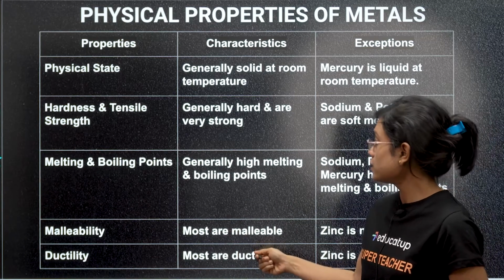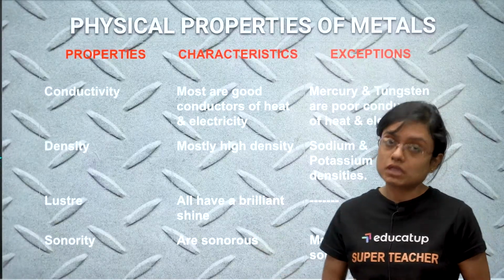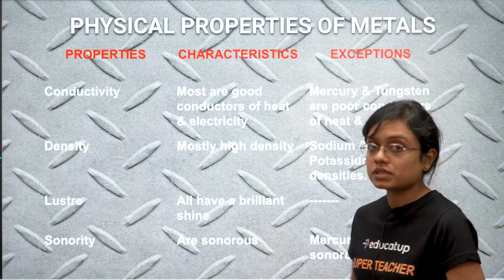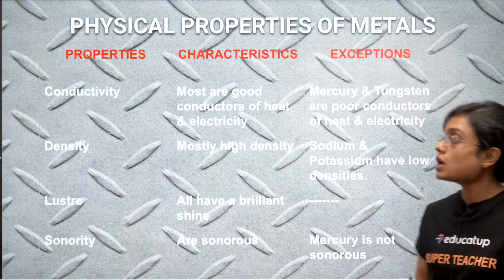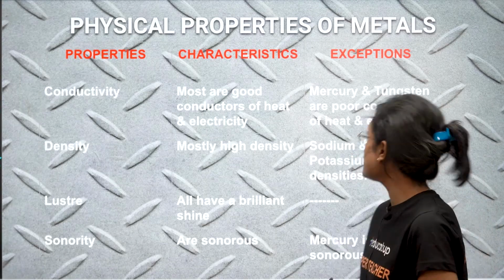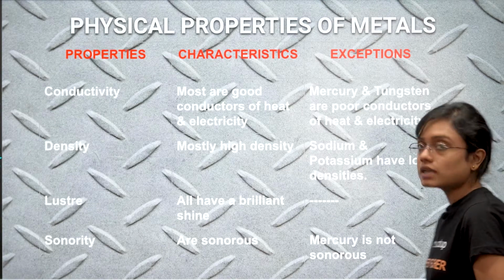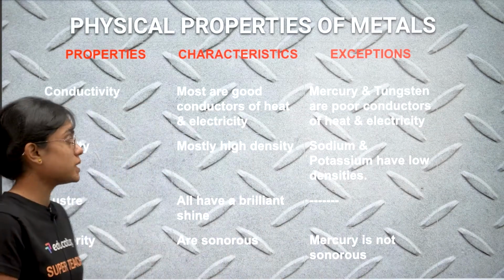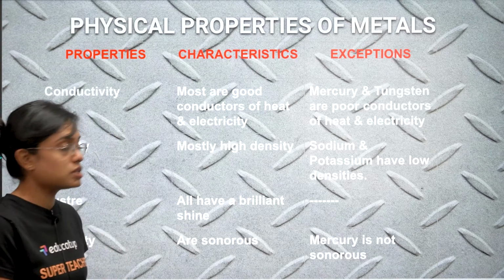Now let's move ahead. Now physical properties of metals, some other physical properties which we need to discuss. Conductivity. Most metals are good conductors of heat and electricity except for mercury and tungsten because they are poor conductors. If we talk about density, most metals have high density except for sodium and potassium.